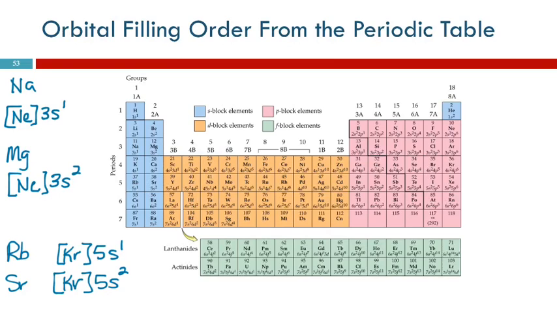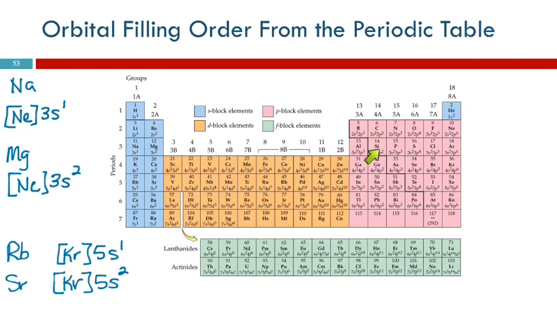On worksheets, it'll tell you. You know how you put 5s2? If we had more than 2, why is it only 2? Well, because strontium is only 2 electrons past krypton.